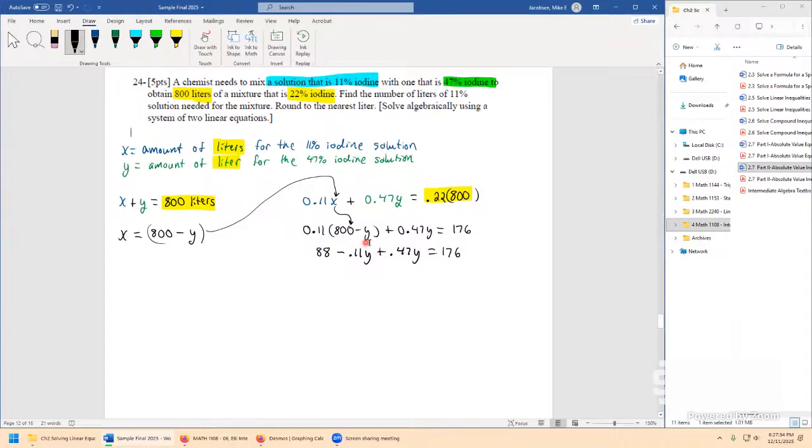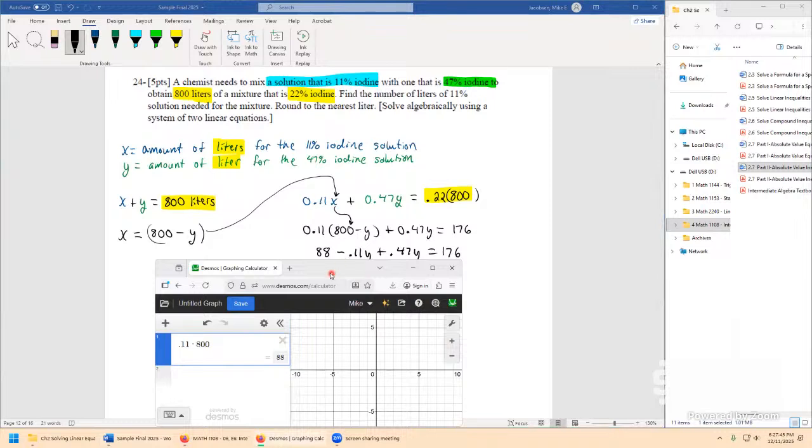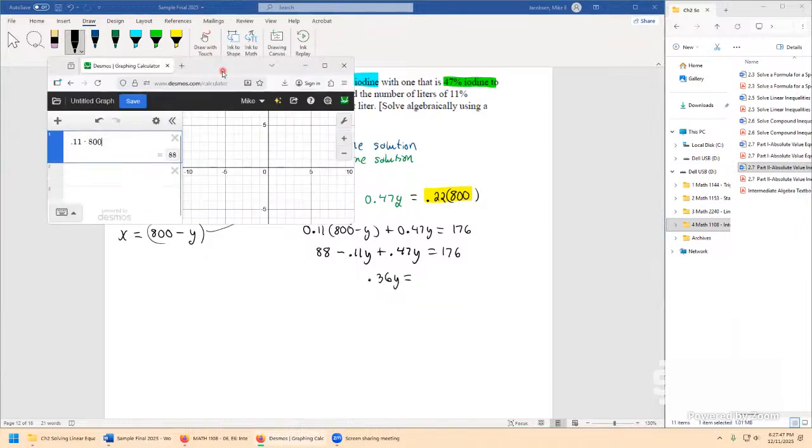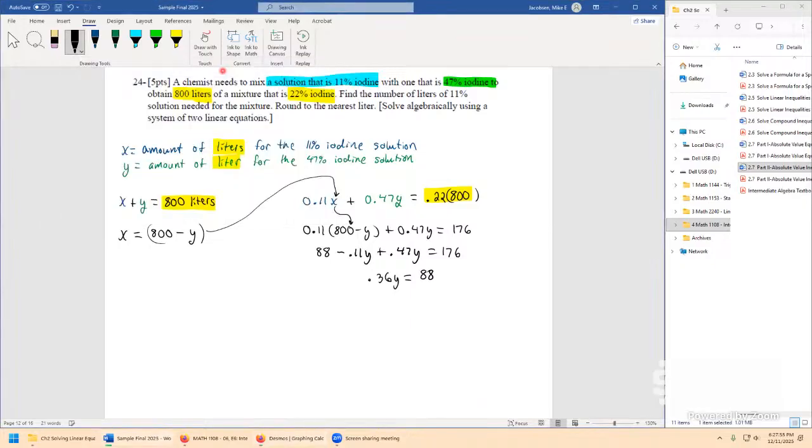So combining the like terms on the left, we have altogether 0.36y. We're also going to subtract 88 from both sides. So 176 minus 88 gives us 88. Divide by 0.36.